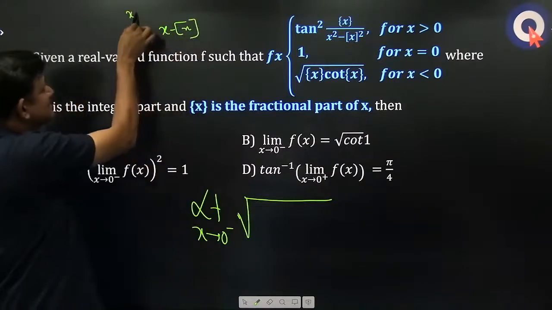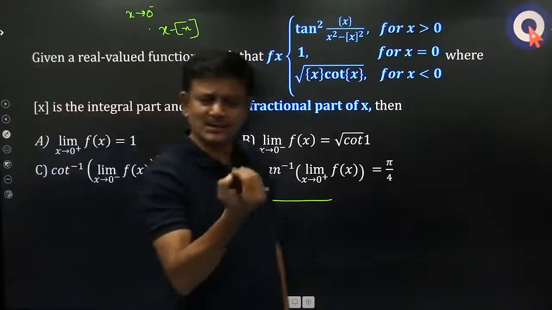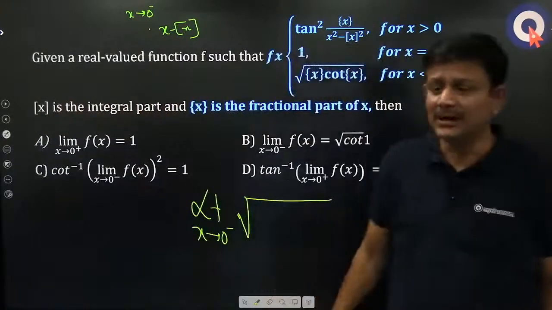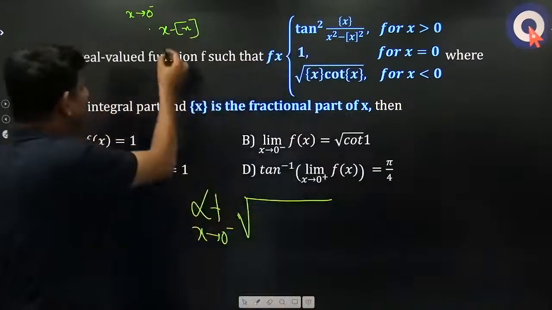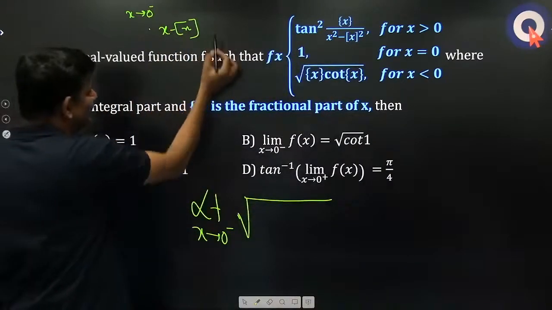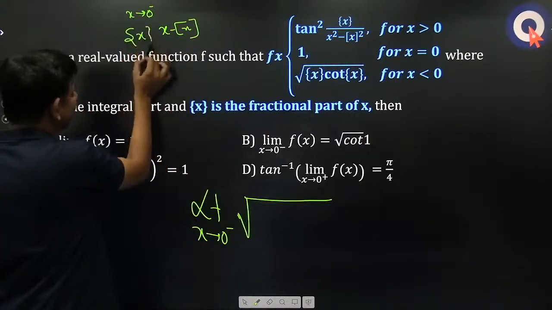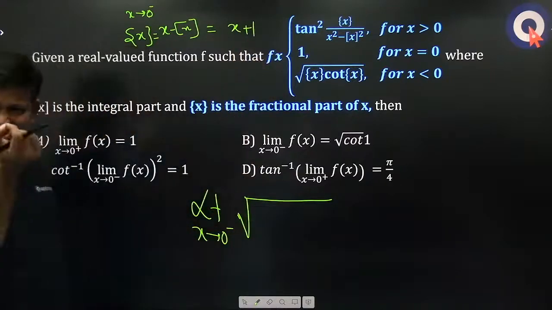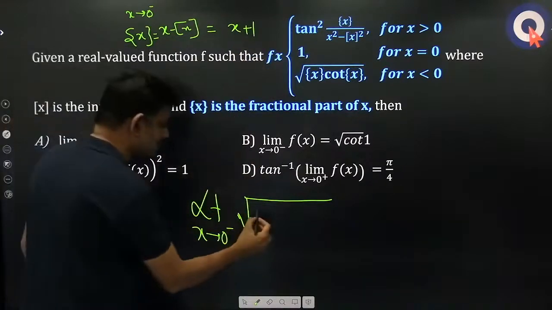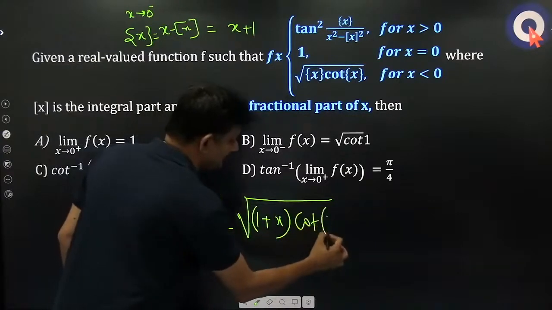Now whenever x is less than 0, that is extending to 0 minus, थोड़ा सा हल्का सा negative number है, तो what is integral part of x? Minus 1. So this will be x minus minus 1 or x plus 1. Fractional part of x will be x plus 1 whenever x is a slight negative number. So this is 1 plus x into cot of 1 plus x.